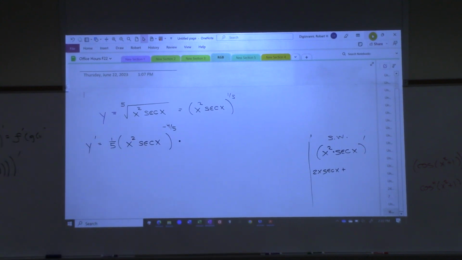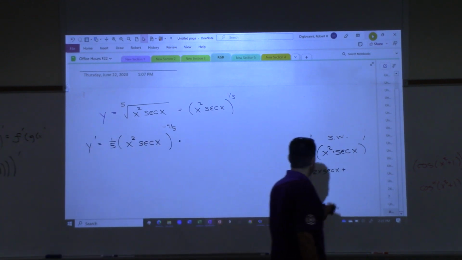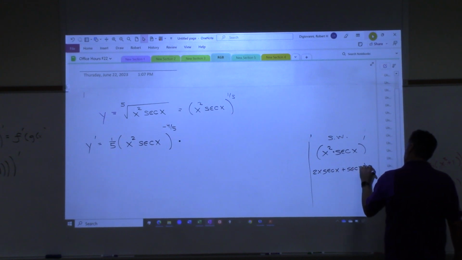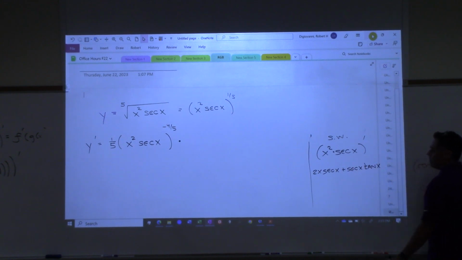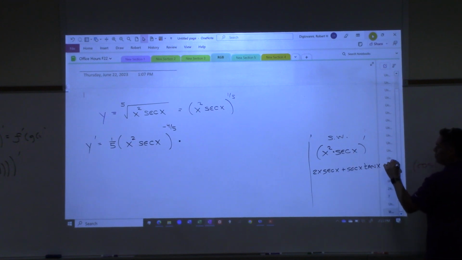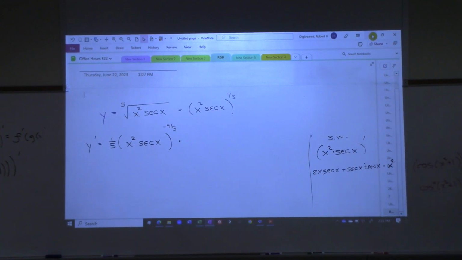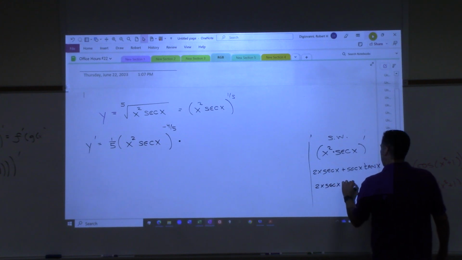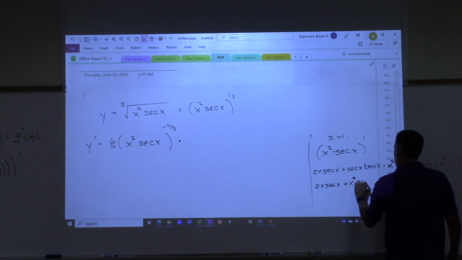What's the derivative of secant x? Secant x times tangent x. So secant x times tangent x, that's the derivative of the second one. And don't forget, you have to multiply by the first one, x squared. Yeah, I'm going to actually put the x squared in front of that.